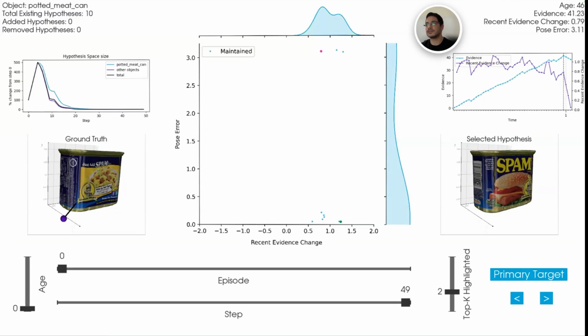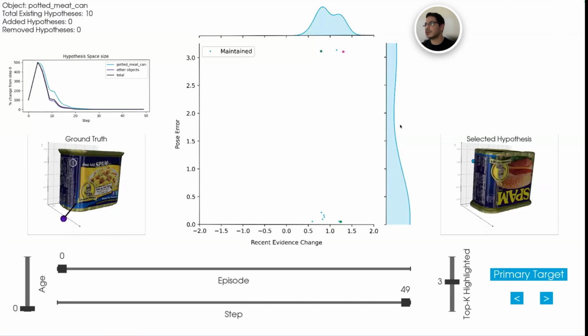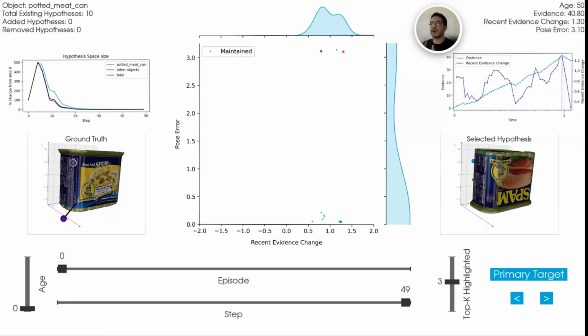That's something we've built into Monty. You could change that if you want, but this is something that is really important to Monty. We could also look at the third most likely hypothesis, over here. Again, it's the same object just rotated 180 degrees, keeping the same overall shape.